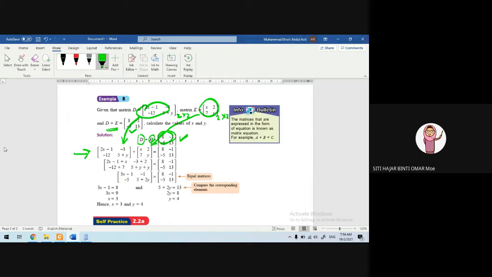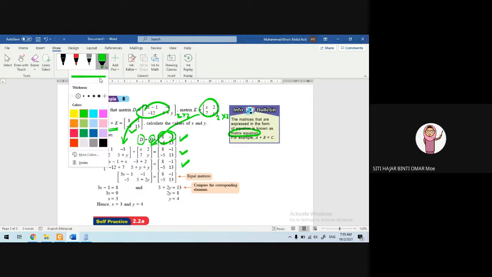Okay. This is called as matrix equation. So now you have your matrix equation already. Okay. And then the next step adalah we write down the corresponding element. Okay, take a look carefully. So this one is corresponding to X and is equal to 8.